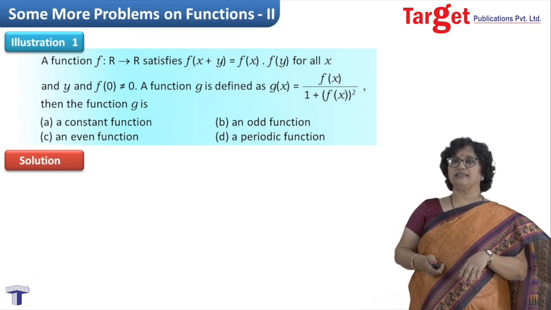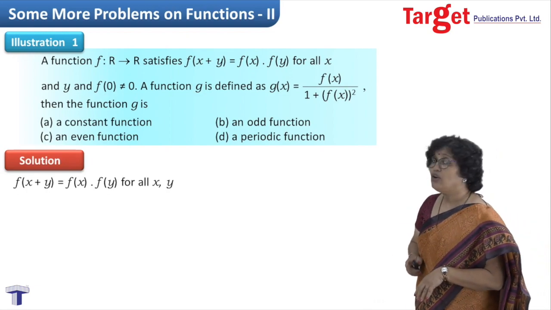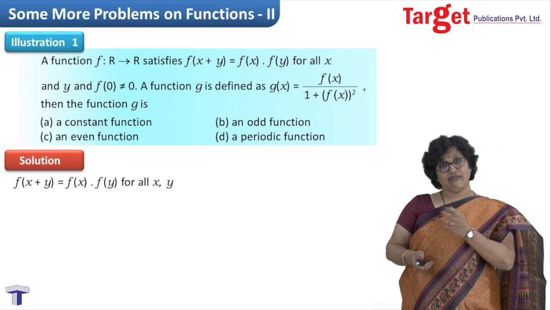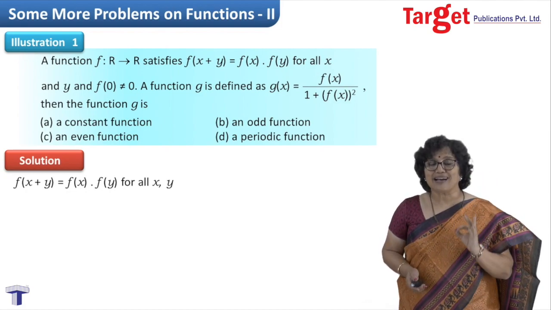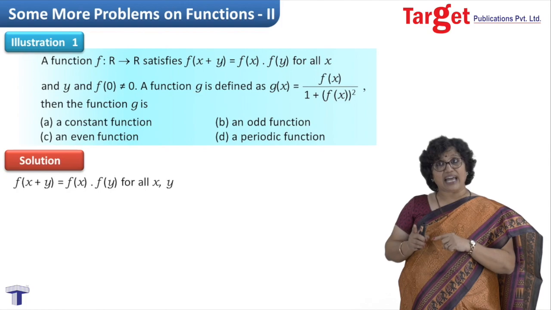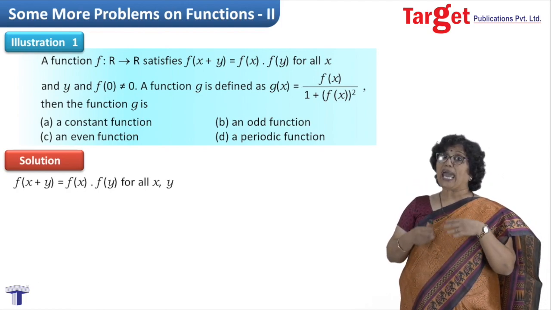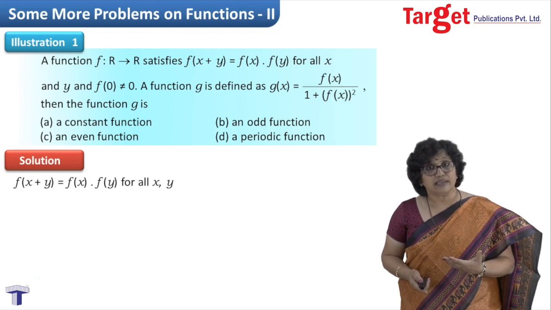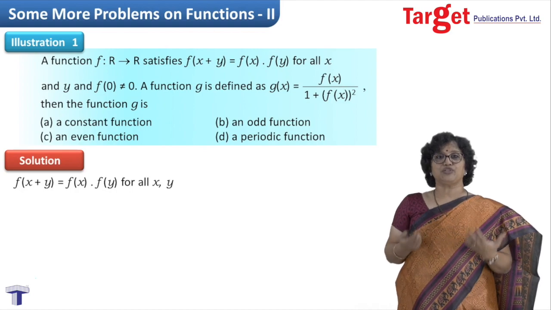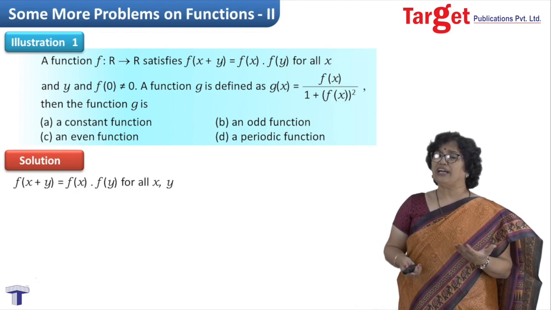The functional equation says that f(x+y) = f(x)·f(y) for all x and y. When I say for all x and y, we must understand that x and y come from the domain, and the domain is R. So any real value you can substitute. If that is the case, then what is your first choice? The first choice could be x = 0, y = 0. Why do I say so?